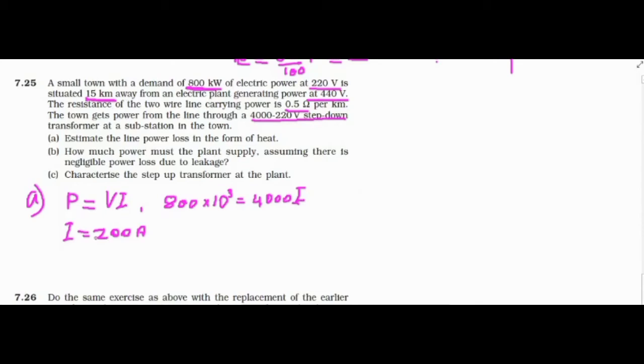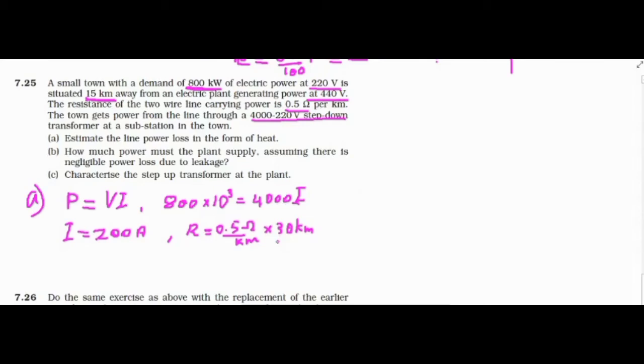Now the line power loss we need to calculate. For getting line power loss, you should know the total resistance of the circuit. Here the resistance per unit length is 0.5 ohm per kilometer. Now what is the total length? The power station is 15 kilometers away from the town. Minimum you have to use 2 wires for the transmission of the power. So 15 plus 15, you get 30 kilometer length of wire.